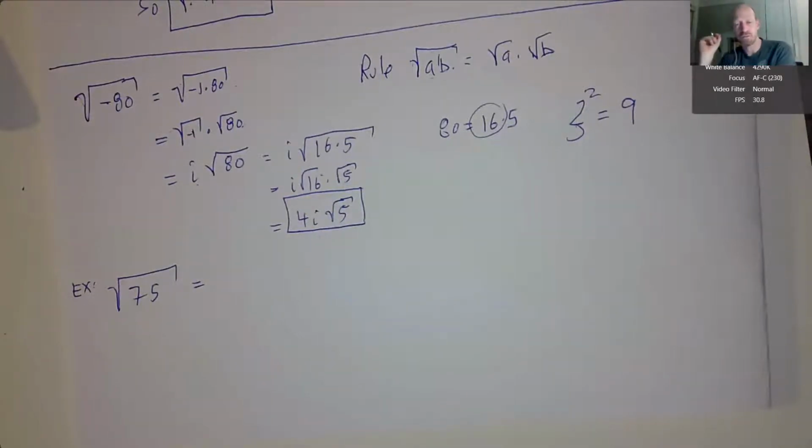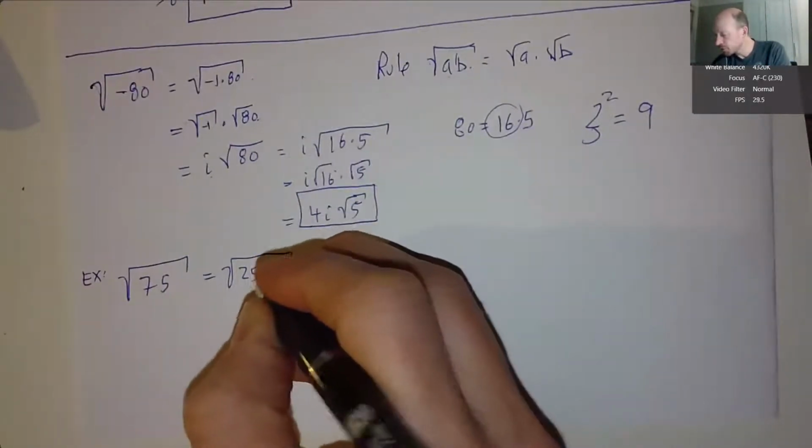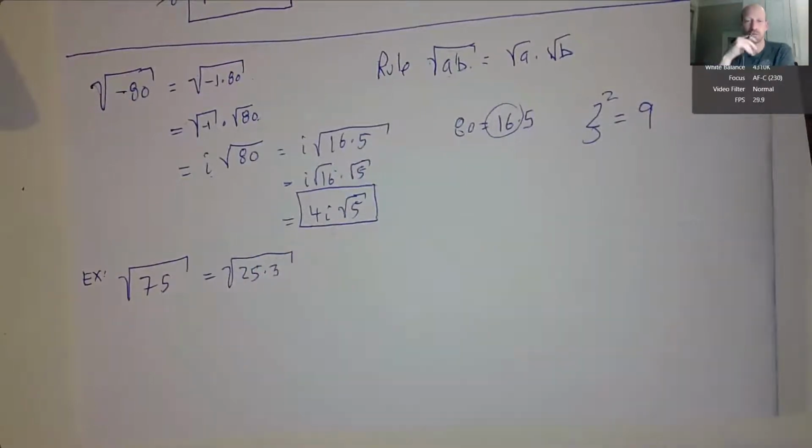So I want to see if I can simplify it, get it as close as I can. And to do that, I want to factor 75. It does turn out that it's 15 times 5, but that's not very useful because neither 15 nor 5 are perfect squares. A much better way to factor it is 25 times 3.